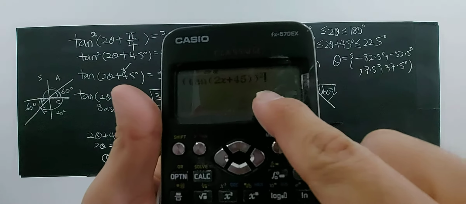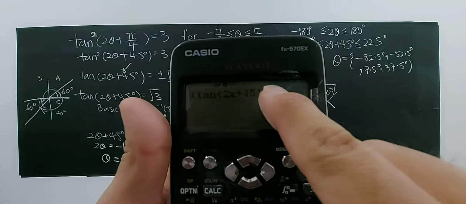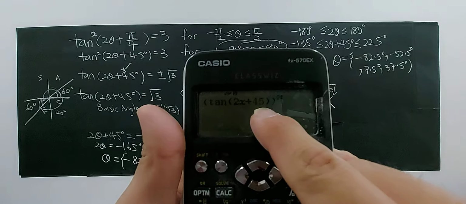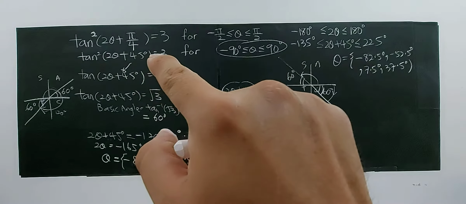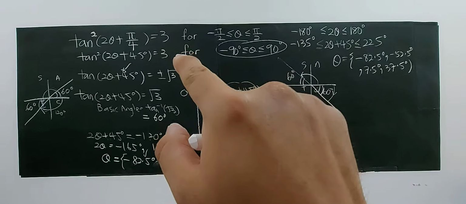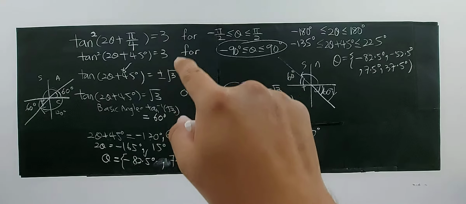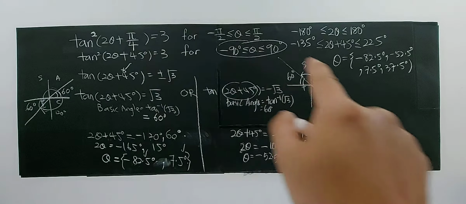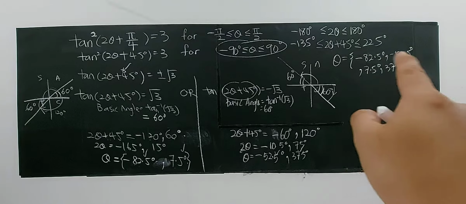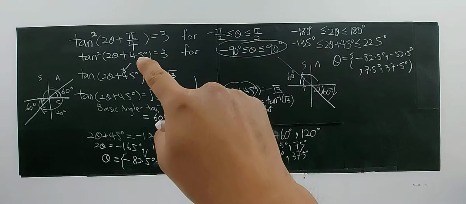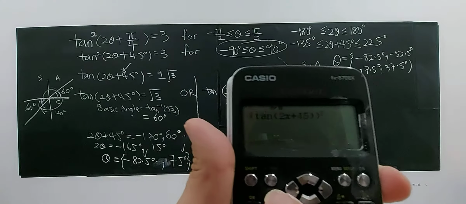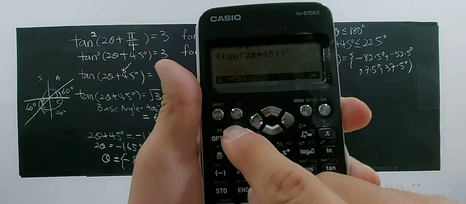This represents tangent squared of 2x plus 45, and it equals 3. If this is a solution, you substitute inside here and you should get 3, right? So let's press the calculate button.